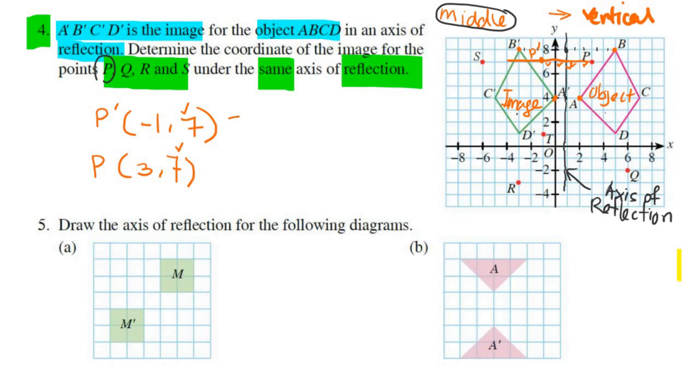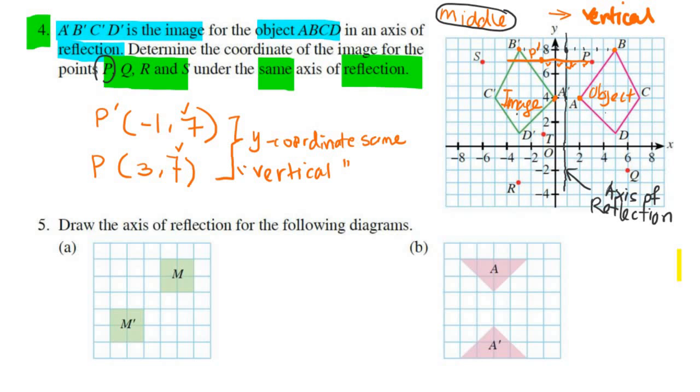So when the image and object coordinates have the same y value, the axis of reflection will be a vertical line.